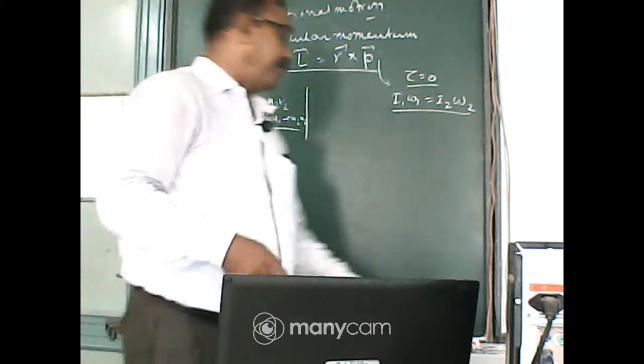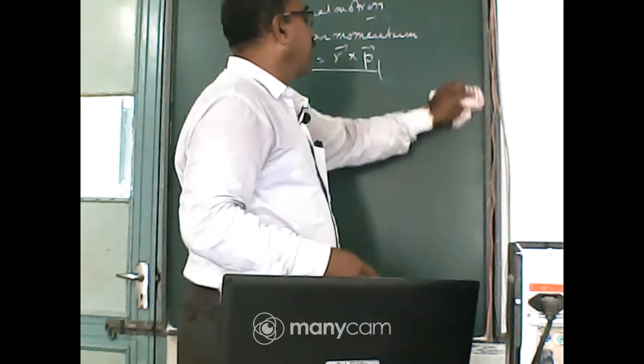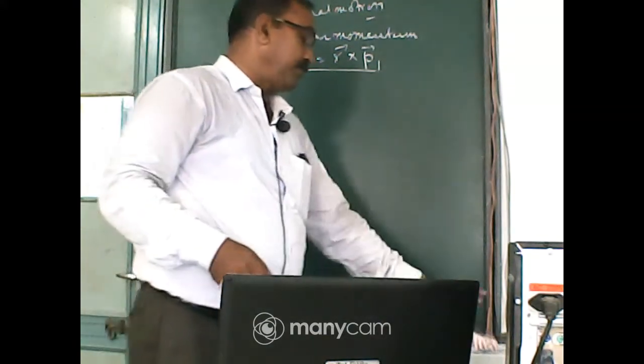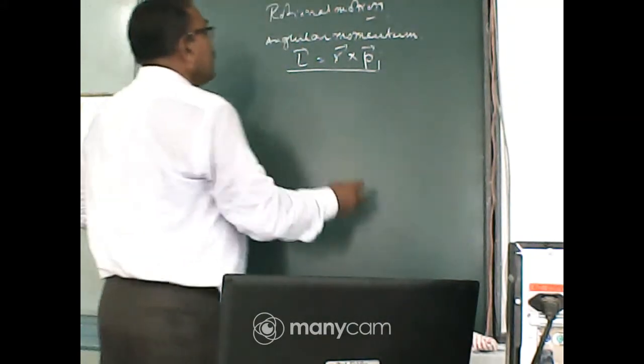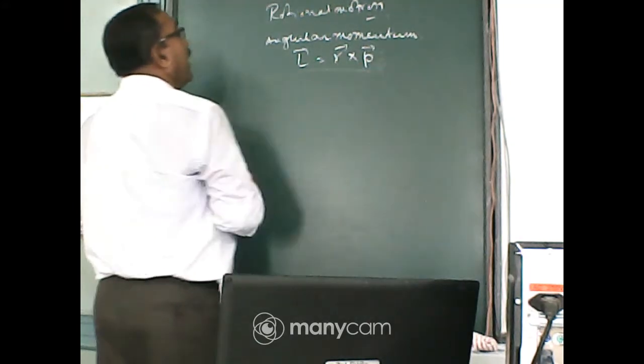Okay. So my dear student, this is the conservation of linear momentum, and that is the conservation of angular momentum. Now we try to derive the relation between the angular momentum and the torque. This is the angular momentum.